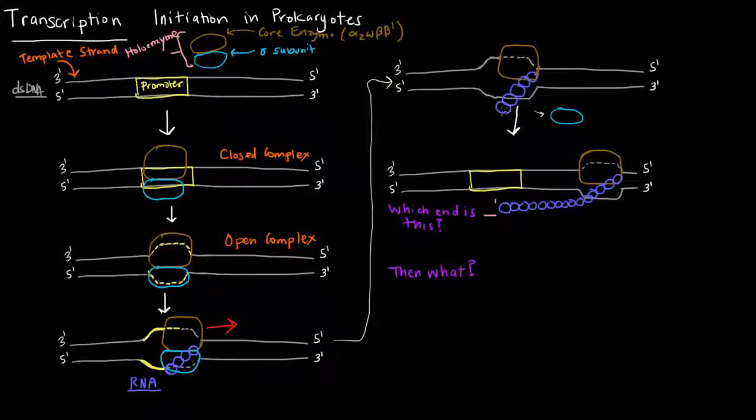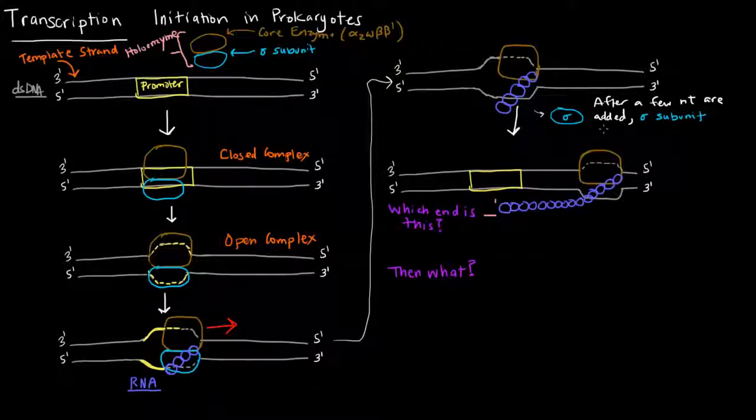So after a select few nucleotides are added, the sigma subunit leaves. So this is the sigma subunit here. So after a few nucleotides, NT stands for nucleotides, are added, the sigma subunit dissociates.